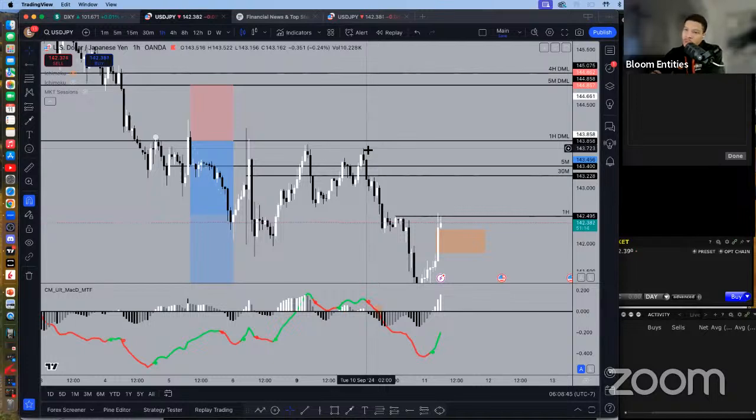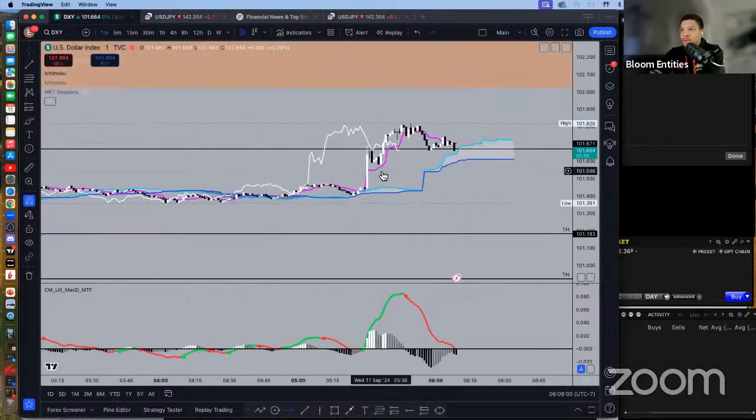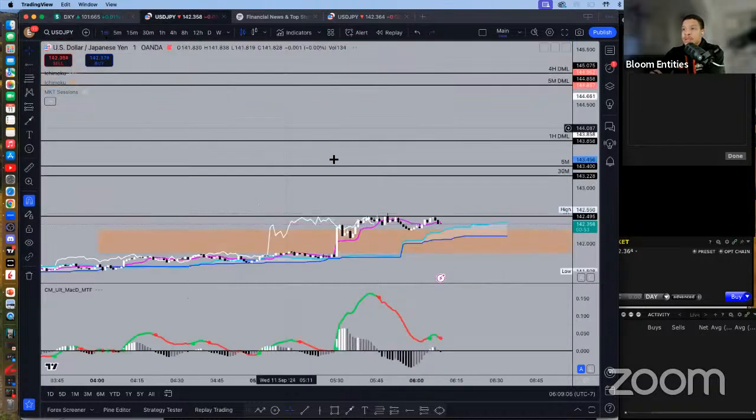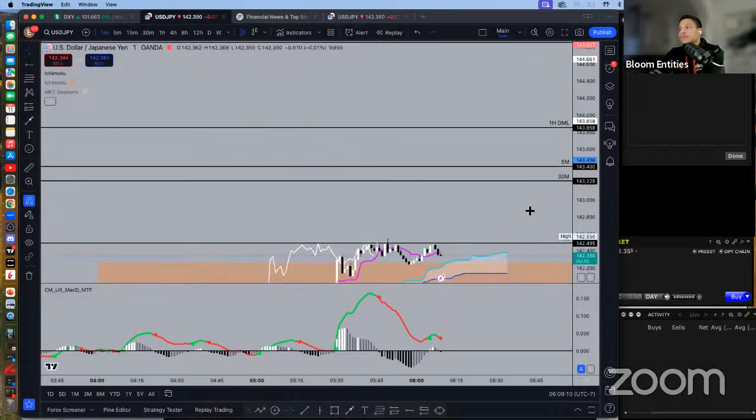Because we're looking for an increase in the view on the dollar. So if we're getting some bullish action on our DXY, like we were here, we'll be getting the same type of move on our USD JPY, right?